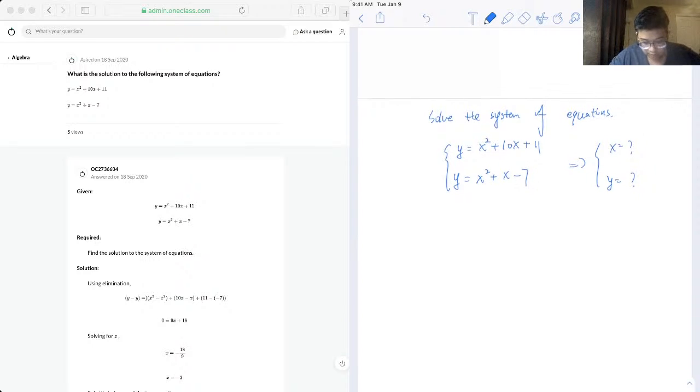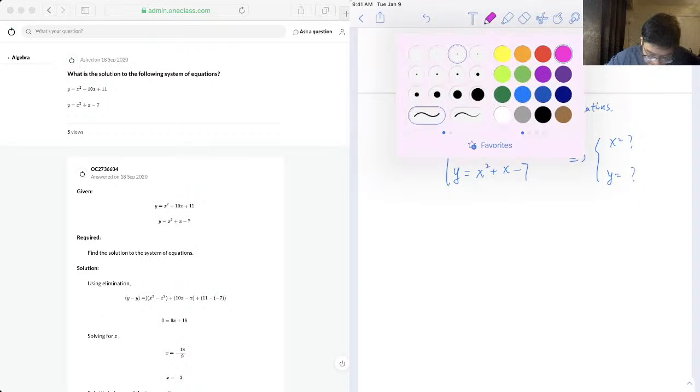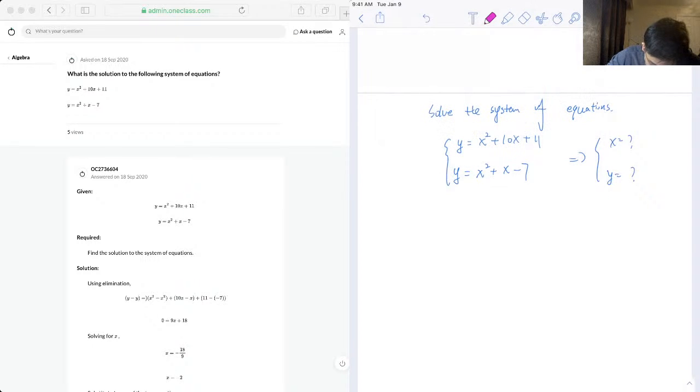In this case, the most obvious way of getting rid of one variable is to use left-hand side minus left-hand side and right-hand side minus right-hand side, since in this way we can get rid of y in order to have only one variable left.